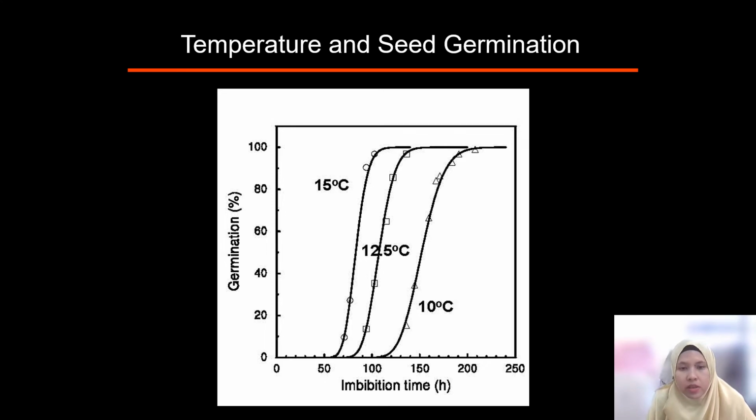This experiment is showing the relationship between the temperature and also the seed germination. So there are 3 treatments for the temperature: 10 degrees Celsius, 12.5 degrees Celsius, and also 15 degrees Celsius. So from this figure, it shows that the germination rate or germination percentage increases with the rise in temperature, up to the optimum level only.